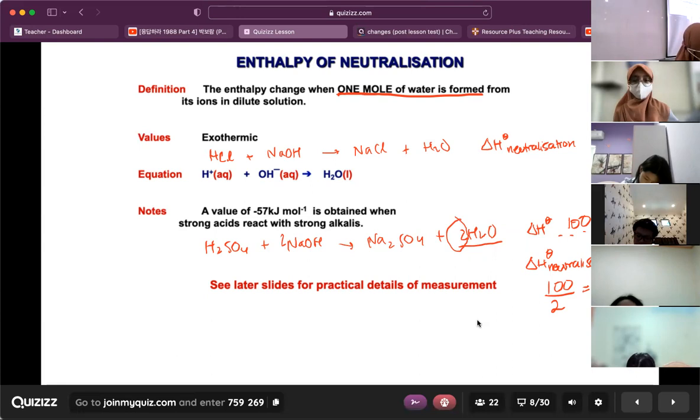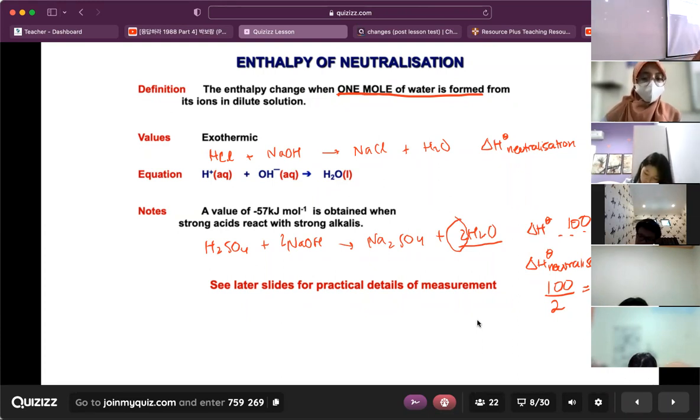If the equation produces only 1 mole of water, you can just use the enthalpy change value. But if it's producing more than 1 mole, you have to use stoichiometry. If it's producing 2 moles, you have to divide the enthalpy change value by the coefficient of the water produced.